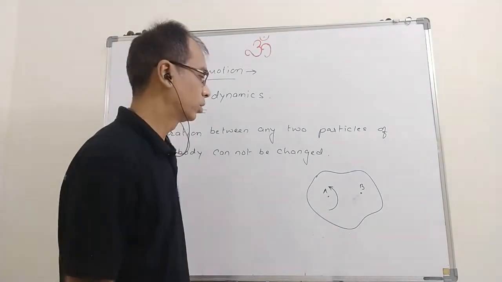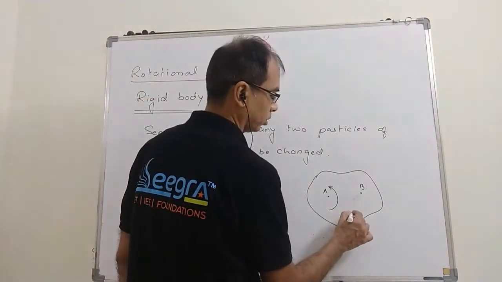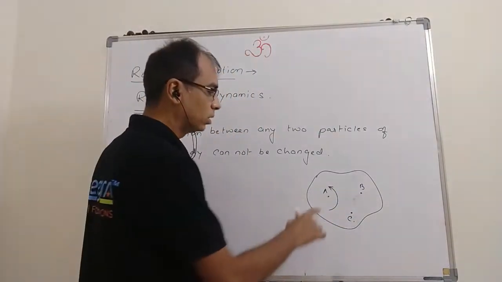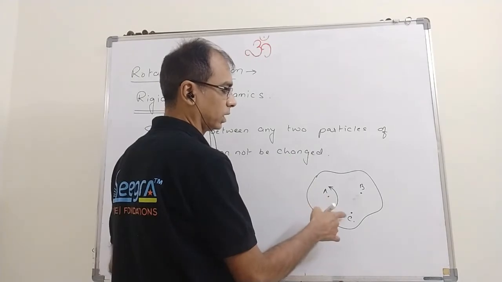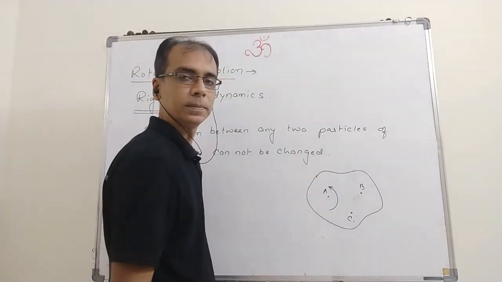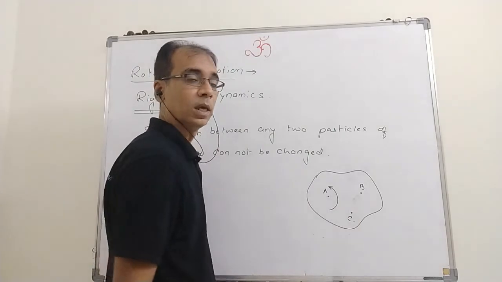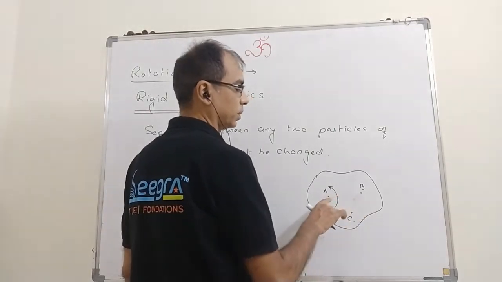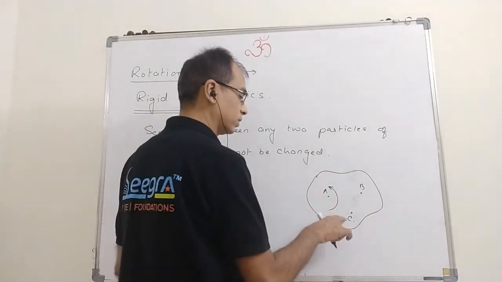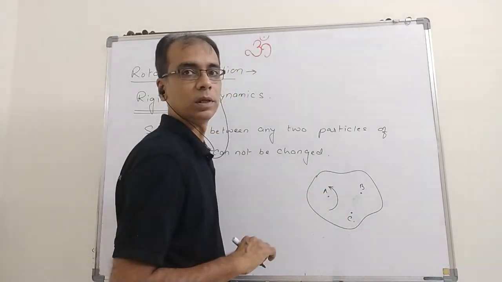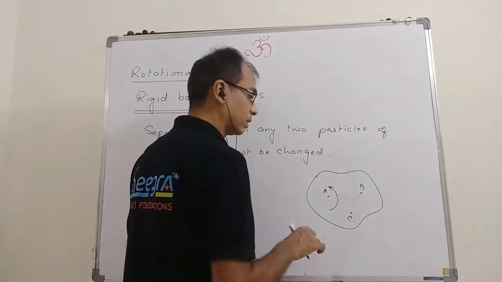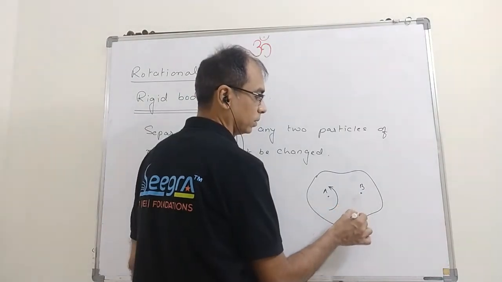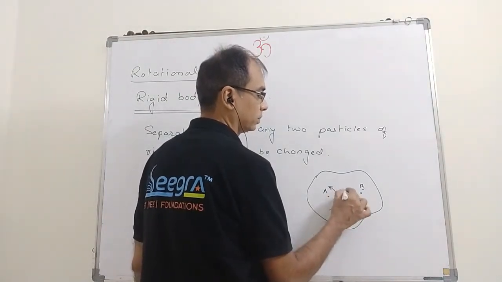If another point is there, point C, then with respect to A, C also will be in circular motion. And the interesting point is that the angular velocity of B with respect to A and the angular velocity of C with respect to A will be the same, omega. Or for that matter, the angular velocity of B with respect to C, suppose with respect to C you are seeing B, that also will be omega.